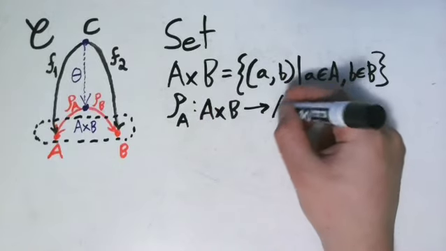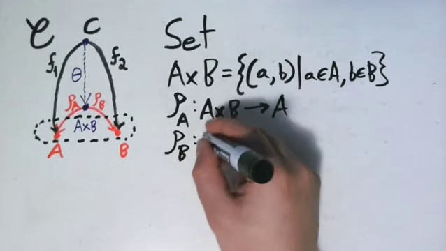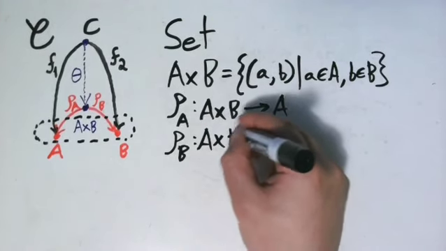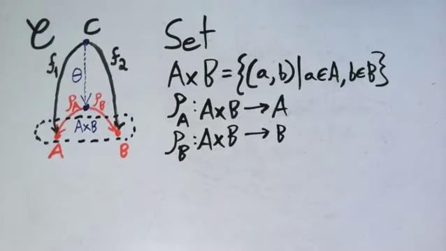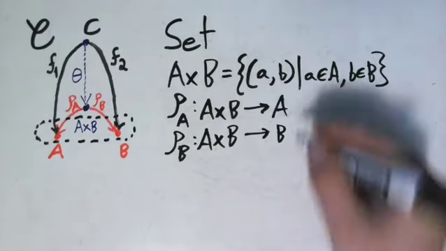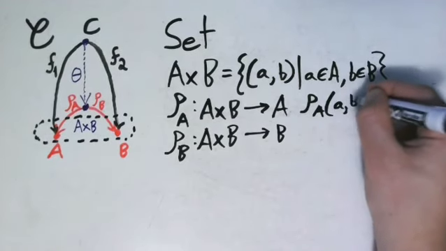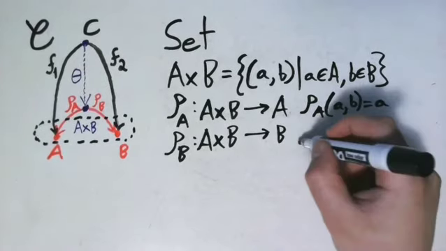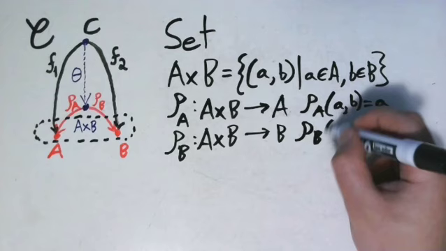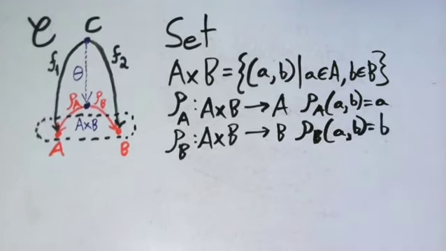So rho_A is going to go from A cross B into A, and rho_B is going to go from A cross B into B. And it's going to be defined, obviously, by rho_A of (a, b) is just whatever's in the front, and rho_B of (a, b) is just going to be whatever's in the second position.